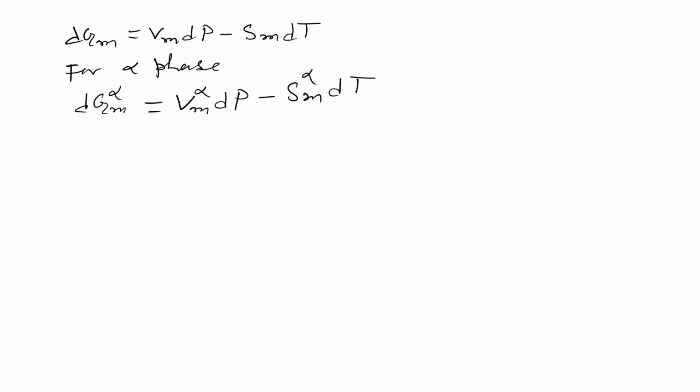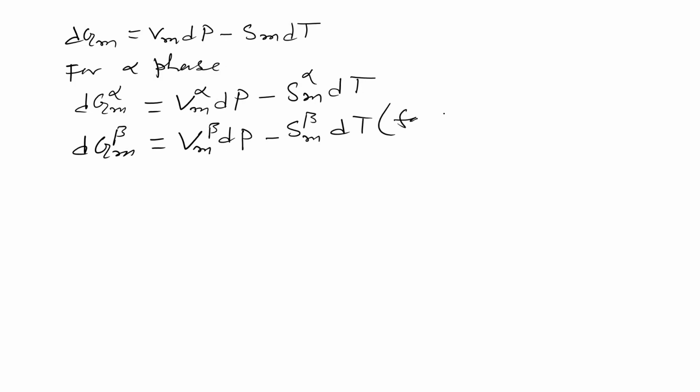This is for alpha phase. And for beta phase, what will it be? dGm beta is equal to Vm beta dP minus Sm beta dT. This is for beta phase.